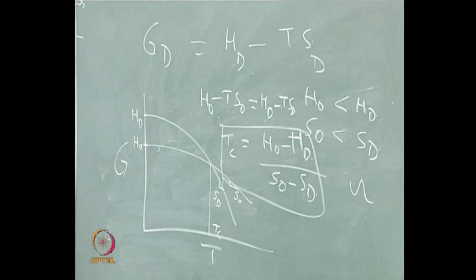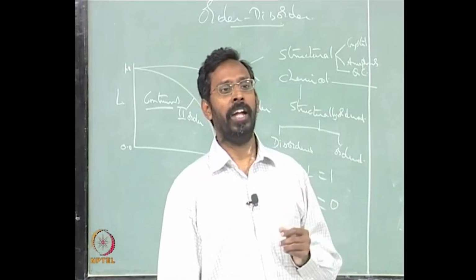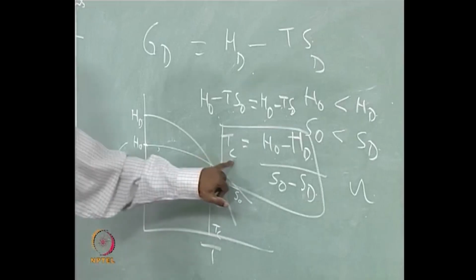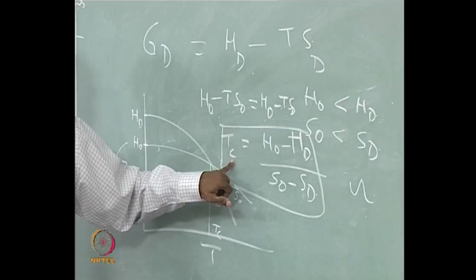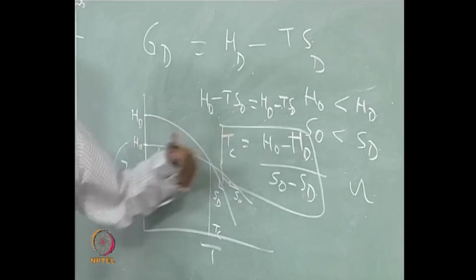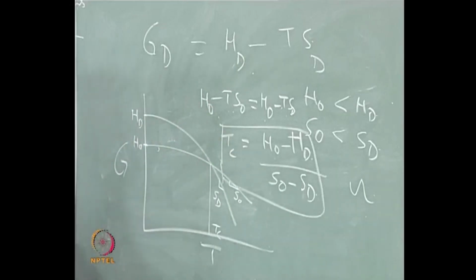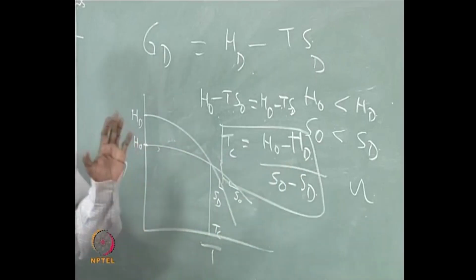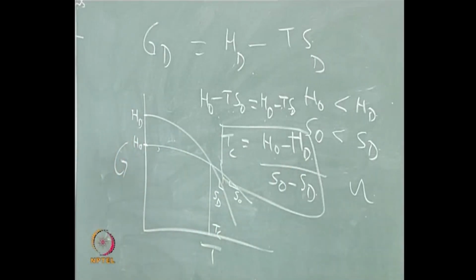So, the larger the interaction parameter between the A and B, the more negative the interaction parameter is, the higher will be the Tc. So, the order disorder transition temperature would be higher if this difference is higher. If I treat a disordered structure as that where the interaction parameter is 0, because in principle we can take it as an ideal solution, where A and B have no preference, they are all sitting everywhere.